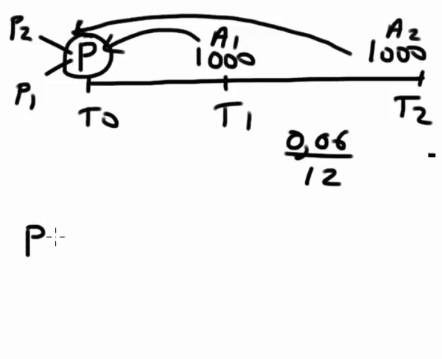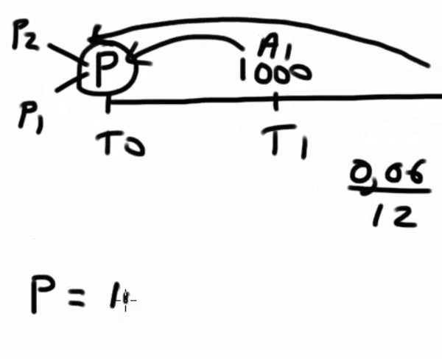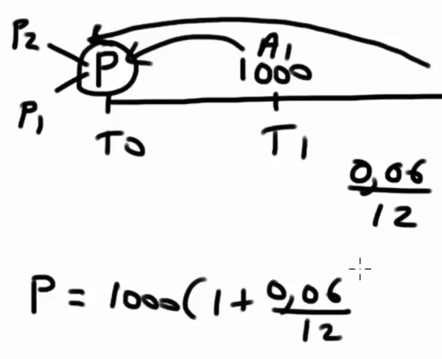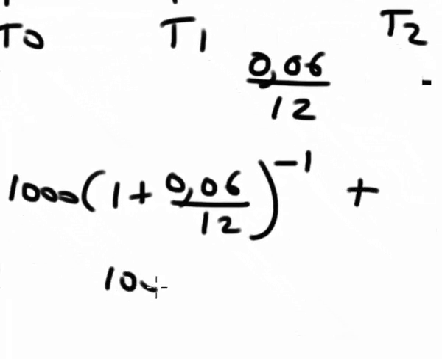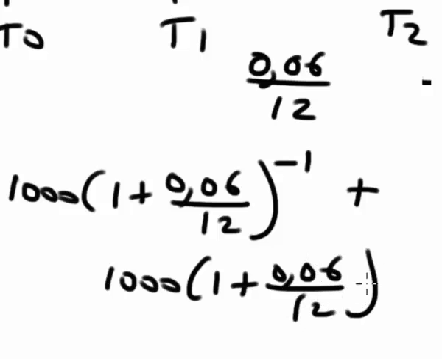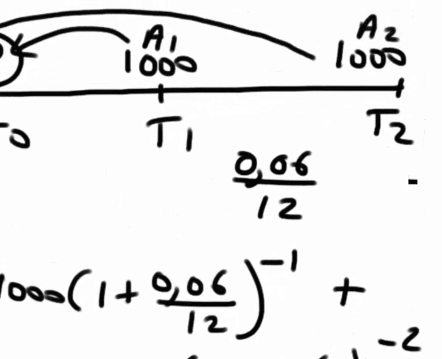Now how P worked was, you took that 1,000 and you said, okay, so that's A into 1 plus the interest rate divided by 12, and you removed 1 month's interest off there. Then to that we added 1,000 into 1 plus 0,06 over 12, and we removed 2 months' interest.